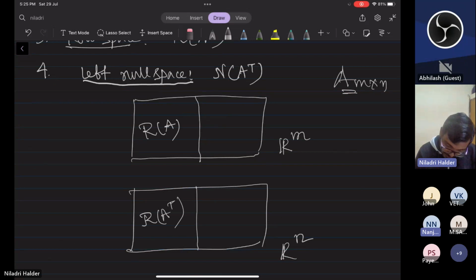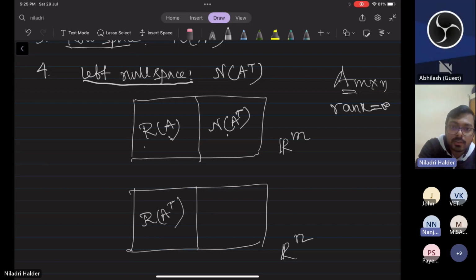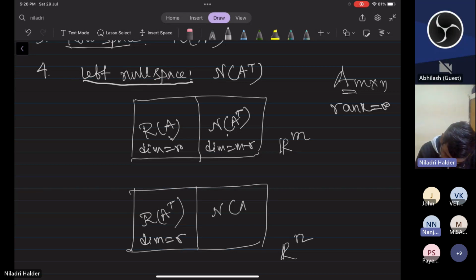Then the null space of A transpose also belongs to R power m, and these two are orthogonal. Suppose A has rank r, so the dimension of the range space of A is r. Then the dimension of the null space of A transpose will be m minus r, and here the dimension is r. Then it will be n minus r.